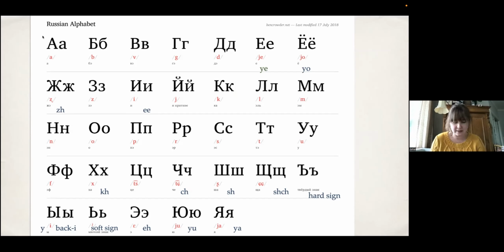And here you can see that there are capital letters and lowercase letters next to each other. And today we are going to focus on the easiest ones, the ones that we have in Latin that are similar.